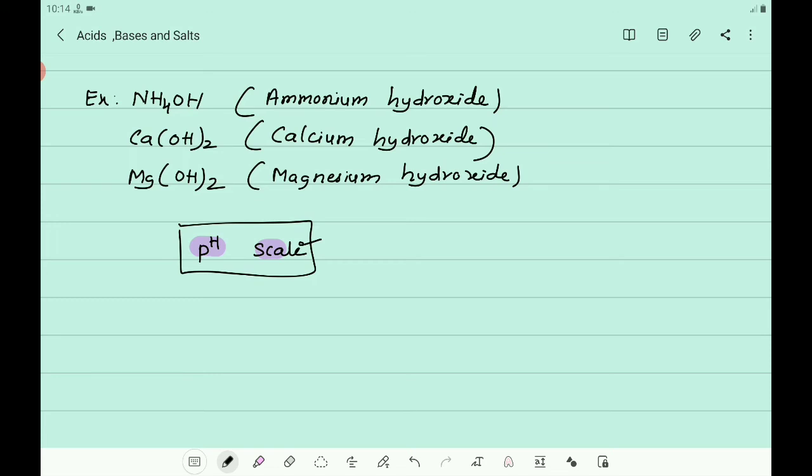In pH, P stands for potenz. What do you mean by potenz? It is a German word meaning power.